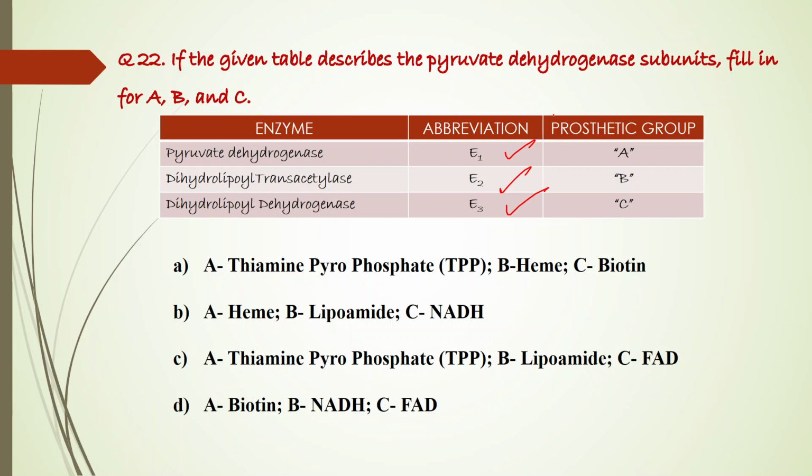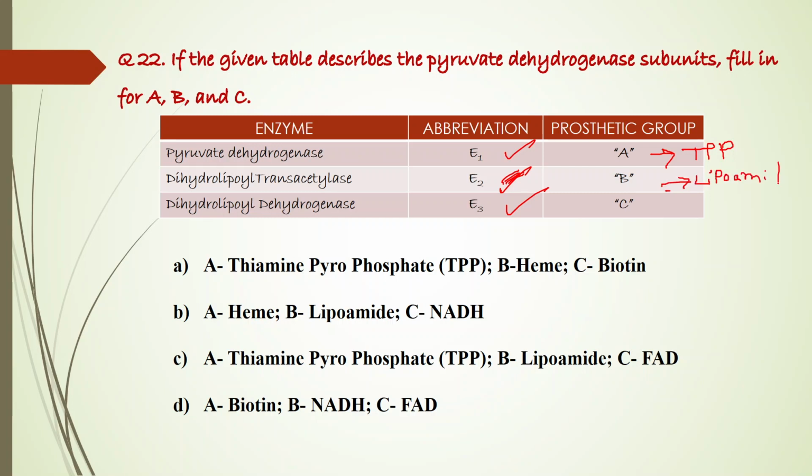Now if you do remember their structure, for the first one, pyruvate dehydrogenase, the prosthetic group we had was TPP or thiamine pyrophosphate. In the second one, the E2 part, we have the next prosthetic group, which is lipoamide.